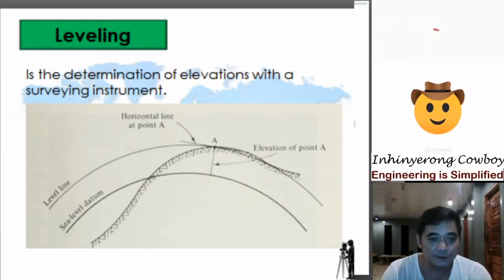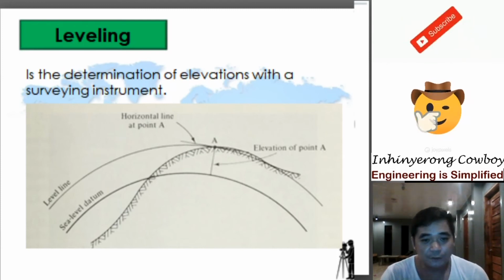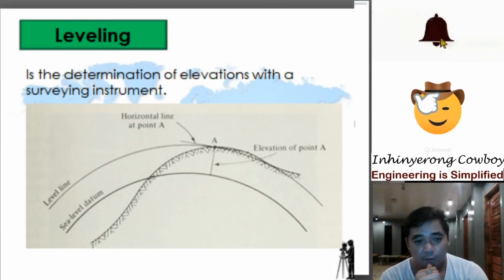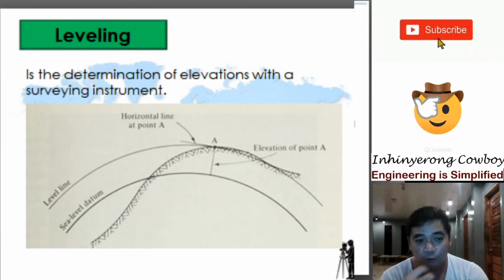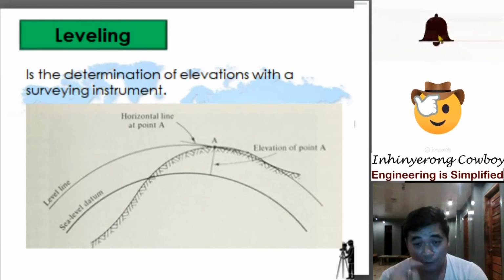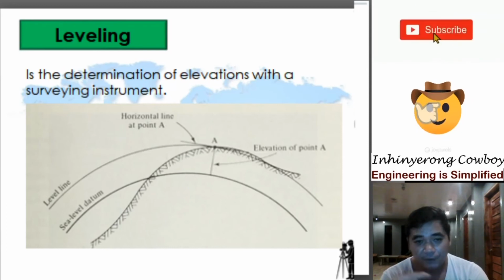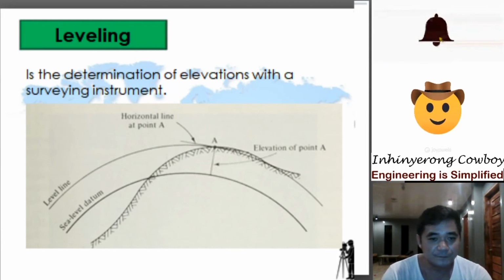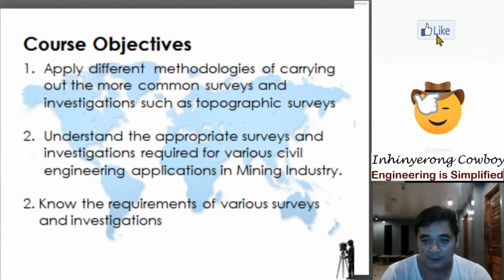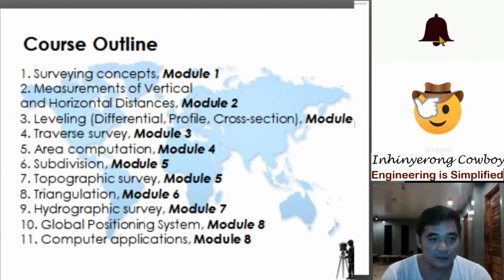Okay, so the next one is leveling. For this video, guys, we'll be focusing on only two modules, module 1 and module 2.